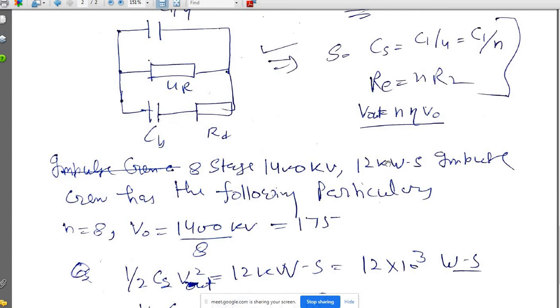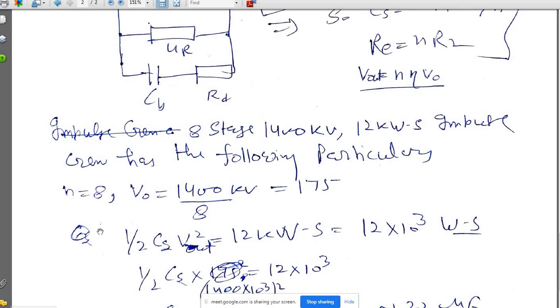Now what about this? This is the energy of this impulse generator. This is output voltage, this is output energy, and output energy simply is given by half of CS, not half of CV. Here it is a point to be noted, here half of the CS, but the voltage is taken at V out square. So keep in mind this formula.